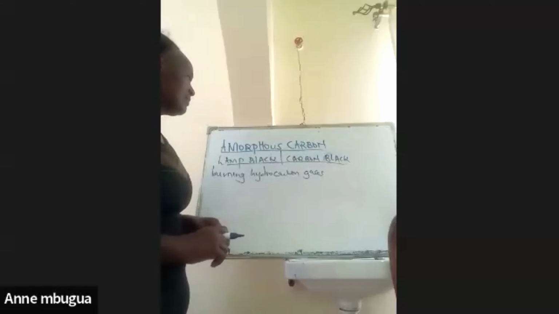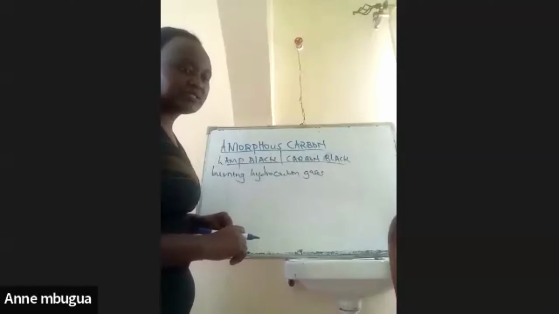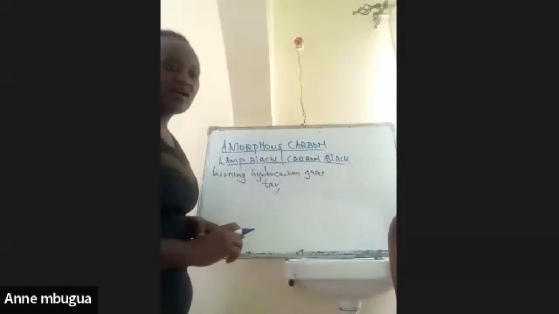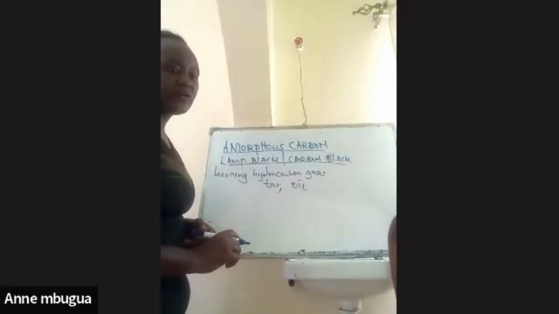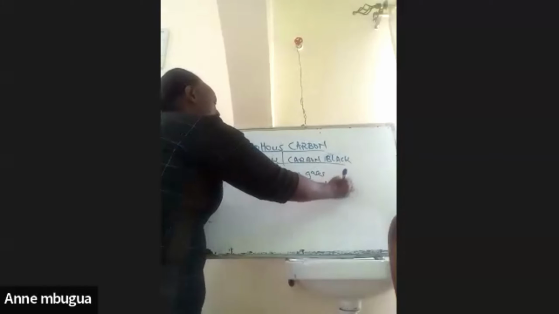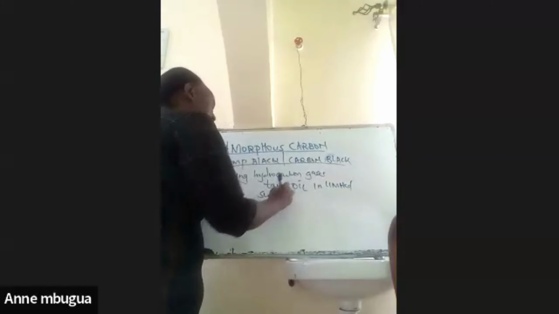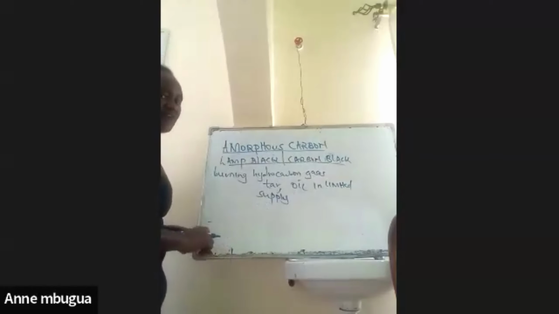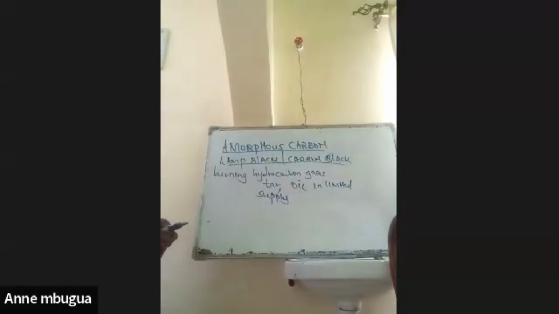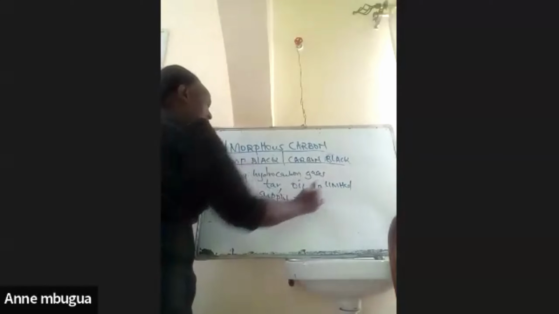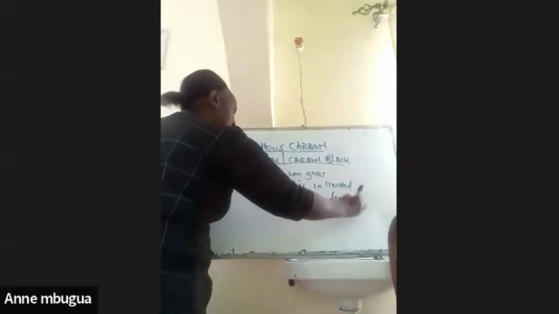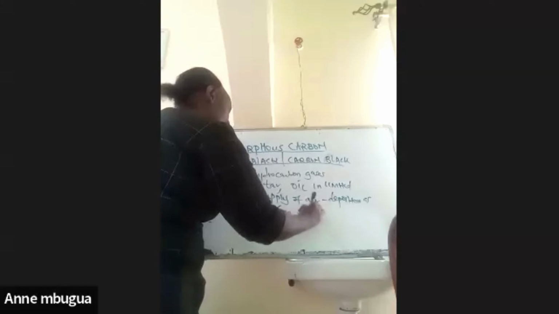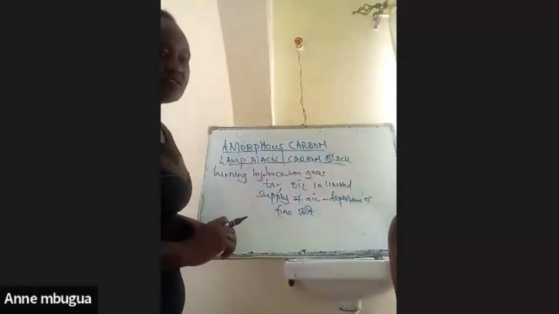So lamp black is made by burning the hydrocarbon gases, the tar, or the oil in limited supply of air, whereby it is deposited as fine soot.